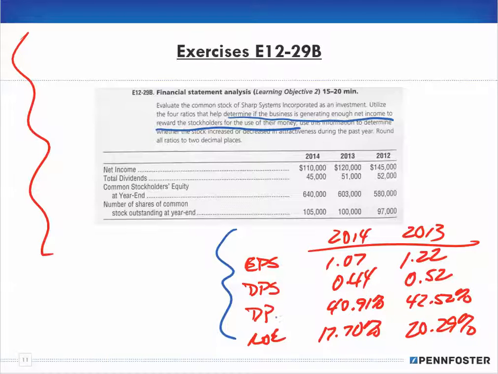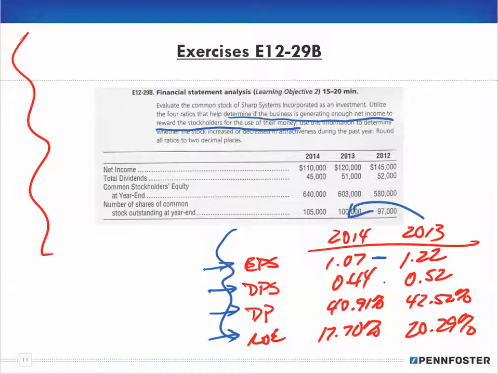That's the key question. Now, you should understand the concept behind each ratio, all right? And in this case, from 2013 to 2014, earnings per share went down, and you should be able to understand the relationships between the various data as to what that means as far as earnings per share is concerned.